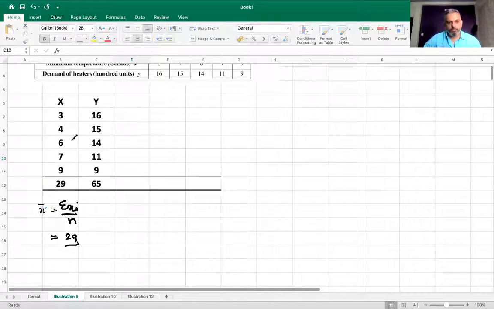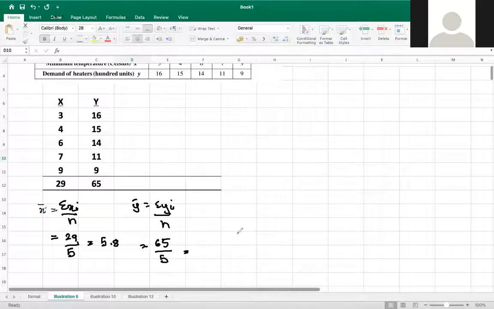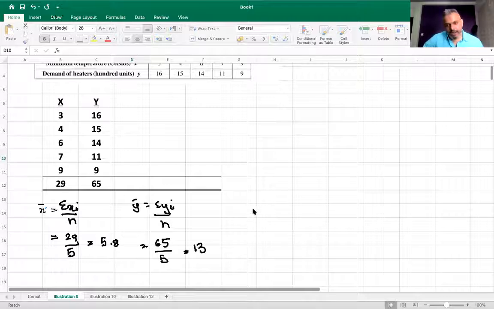What is n? 1, 2, 3, 4, 5. So 29 divided by 5, 5.8. y bar is equal to sigma yi upon n, which is equal to 65 by 5, 13. Now, as you know, keep x bar and y bar.